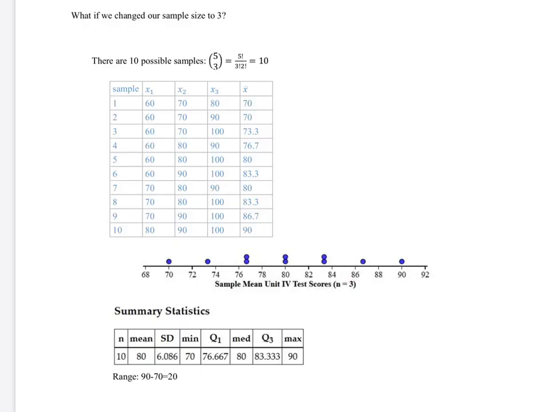And these, therefore, are the sample means, which creates this distribution of the sample means when n is equal to 3, and these summary statistics. The standard deviation of this one is 6.086, and the range is 90 minus 70, which is 20.